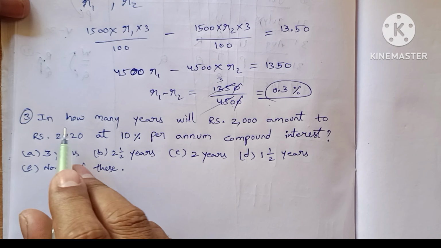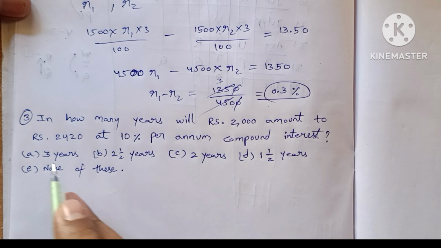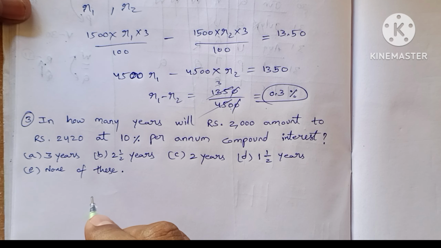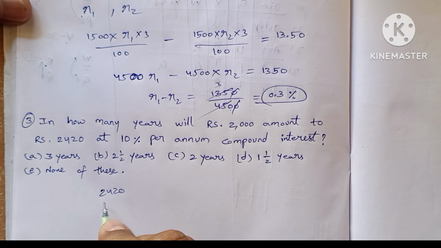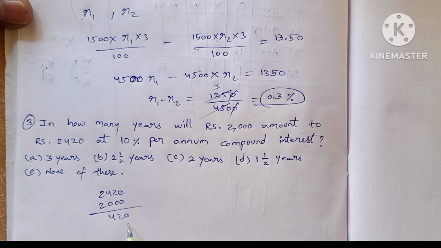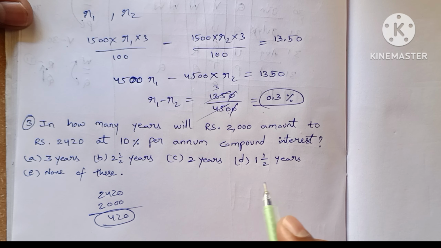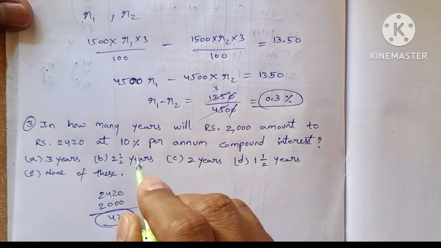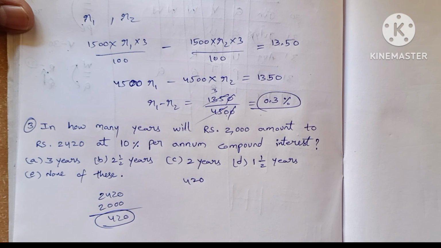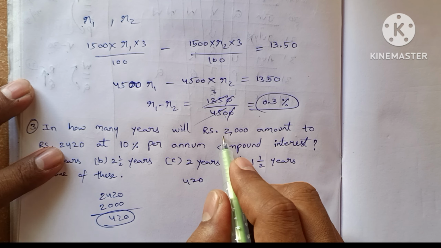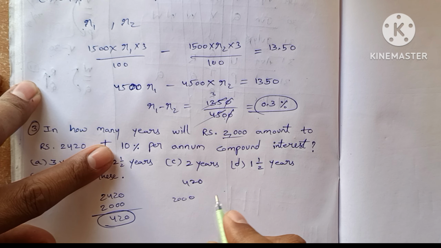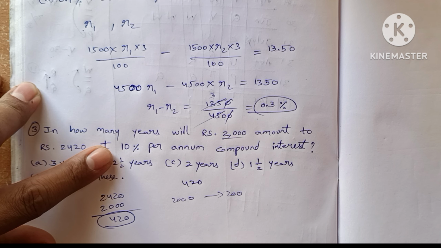Question number 3. In how many years rupees 2000 amounts to 2420 at 10% per annum compound interest? Amount becomes 2420. 2000 becomes 2420. So the difference is 420. So this is the interest they got at 10%. We need to find in how many years. 420 rupees is the interest. Let's see. First year, 2000 at 10%, he got 200 as the interest.